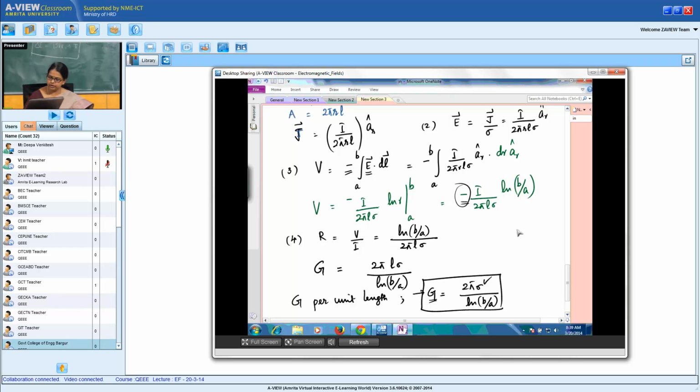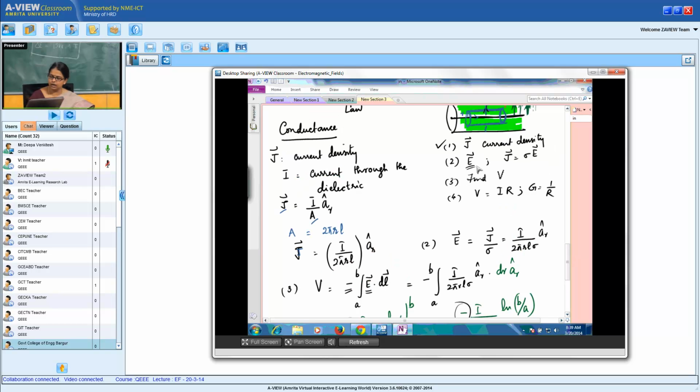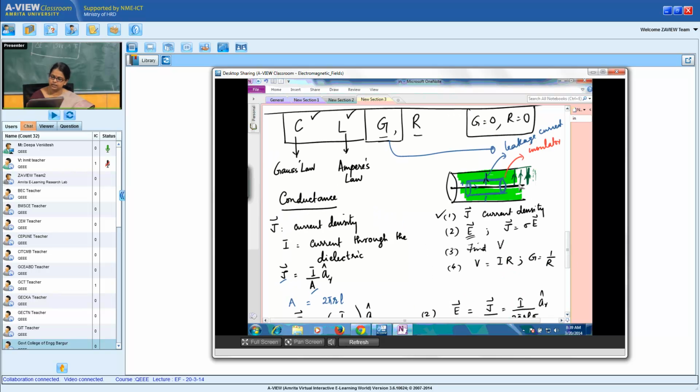Intuition behind this calculation is we want to be using Ohm's law, because that's the simplest way of calculating resistance. So if I want to use Ohm's law, I need potential. And if I want potential, I need to know the field. And how do I get the field in this direction? What is this electric field? It is because of the current density in the region between the two conductors, which is why I started by calculating current density.